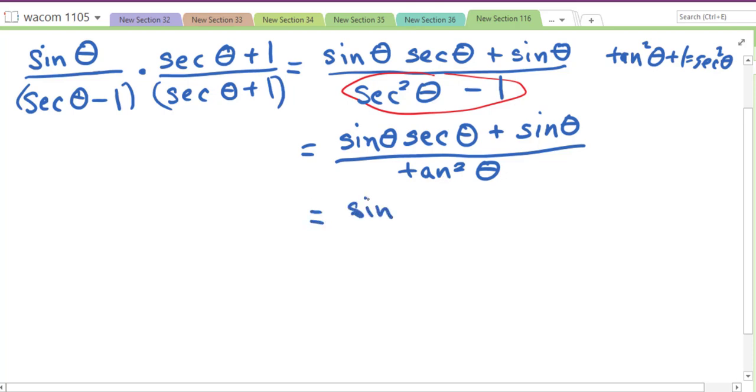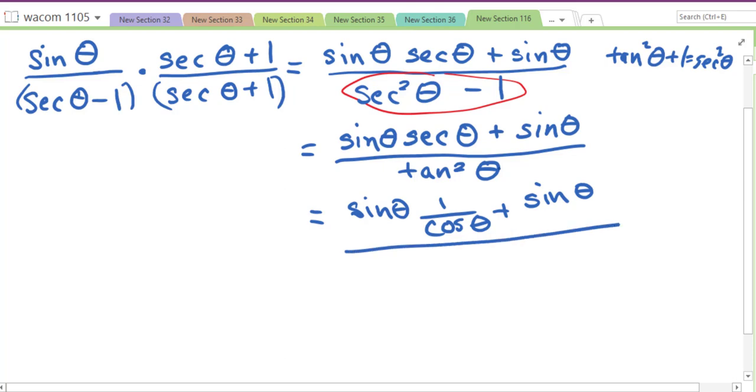So we're going to get a complex fraction, sine theta times 1 over cosine theta plus sine theta. It looks even messier, right? And tan squared theta will be sine squared theta over cosine squared theta.